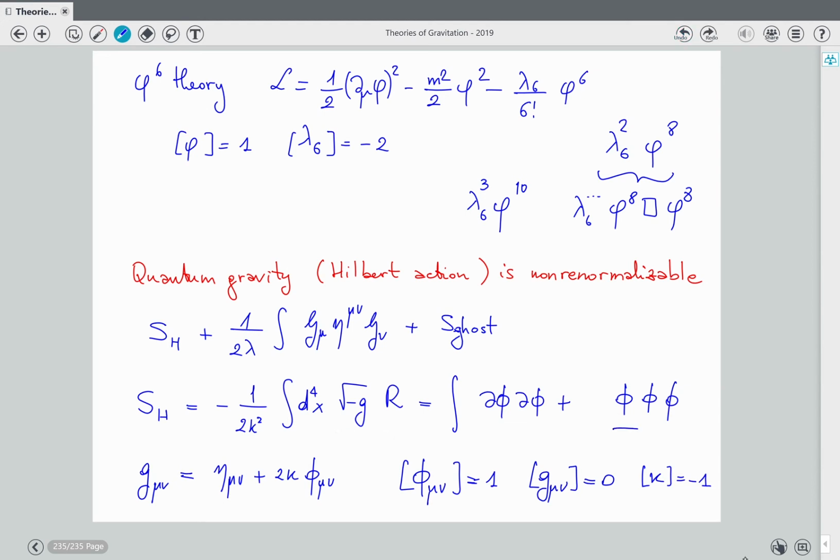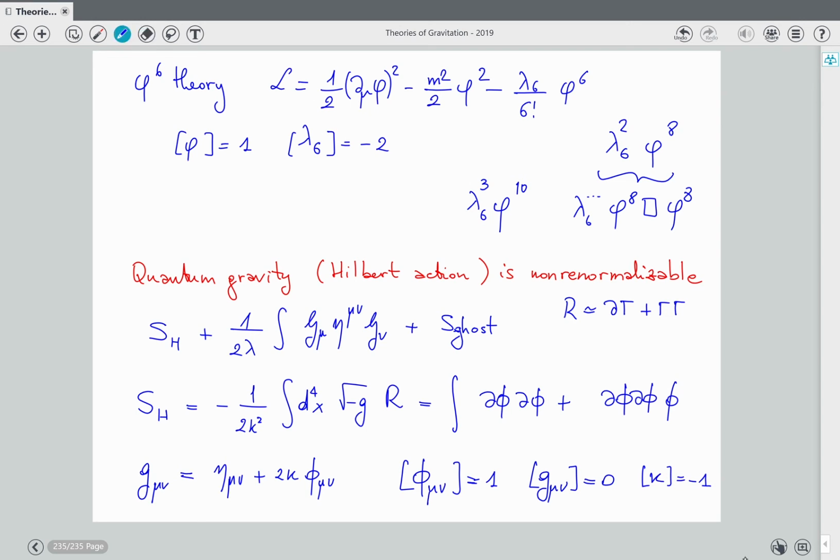How many derivatives are there here? The number of derivatives is always 2, because R is that. There is nothing that can raise or lower the number of derivatives. There will be two derivatives here and there. And what is the power of kappa?